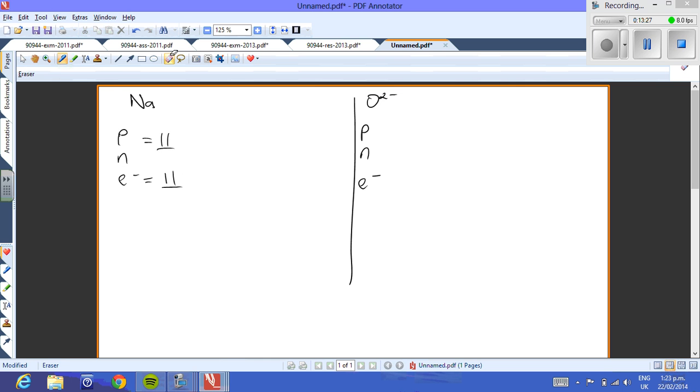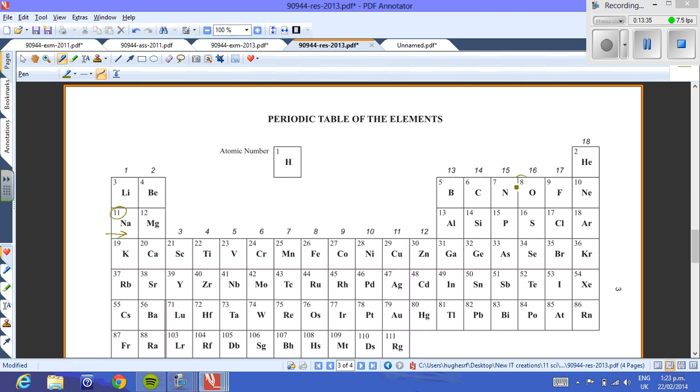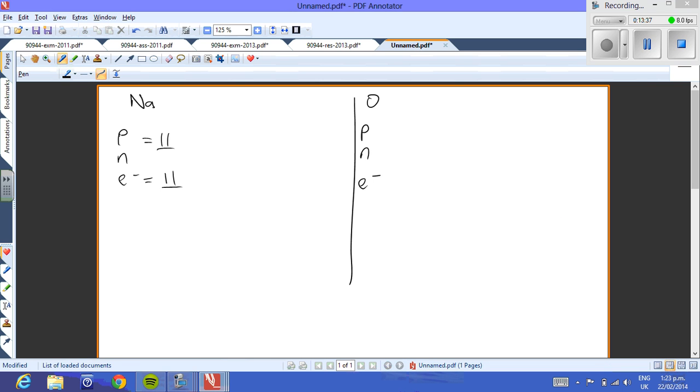For an oxygen atom, the atomic number is 8, so it would have had 8 protons and 8 electrons. So this would be the neutral situation, because 8 positive and 8 negative gives you 0, 11 positive, 11 negative gives you 0.